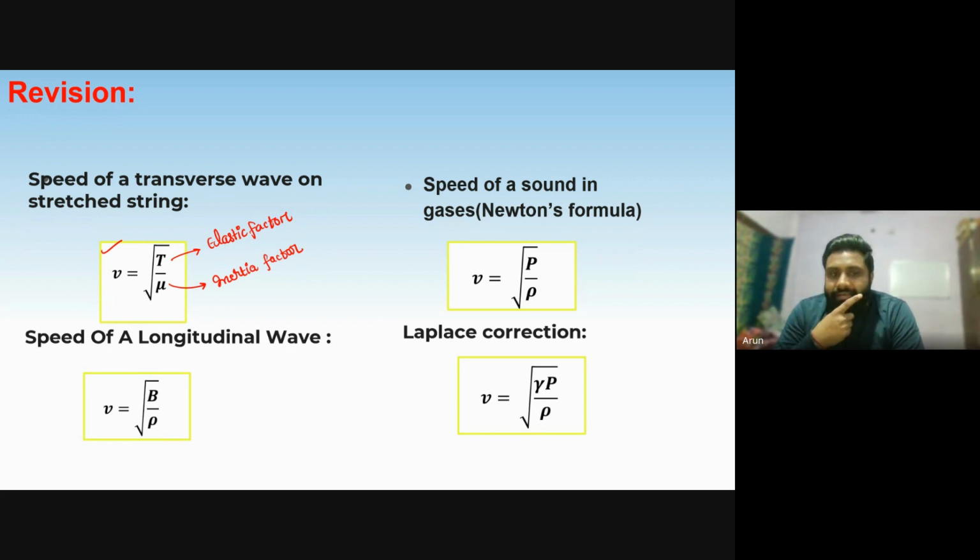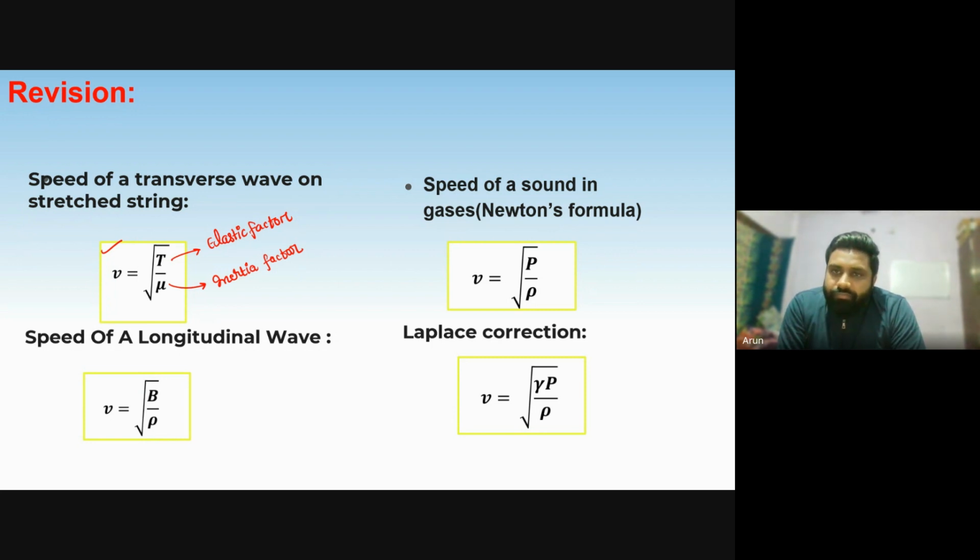The point to note is that this velocity is directly dependent on the medium properties, because a longitudinal wave depends on the medium only. And this rho here is the density of the medium, and specifically we are focusing on gases, so rho is the density of the gas.